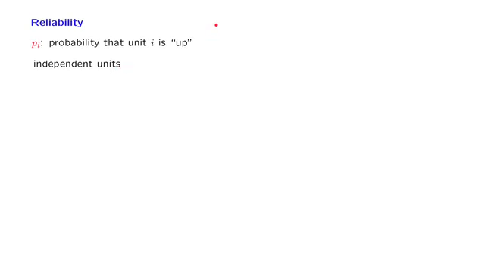If we want to be more formal, we might proceed as follows. We could define an event ui to be the event that the ith unit is up, and then make the assumption that the events u1, u2, and so on up to un, if we have n units, are independent.